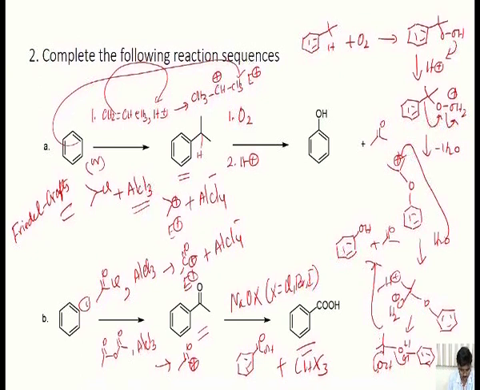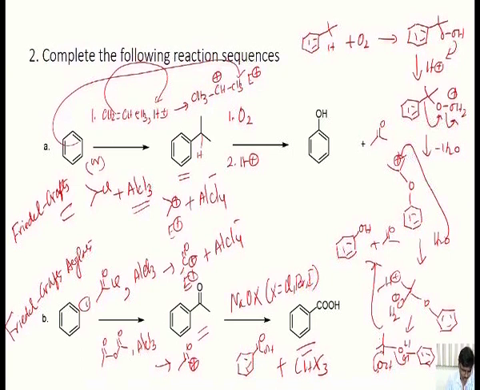The first example involves Friedel-Crafts alkylation. If you have an alkyl halide, in the presence of Lewis acid it can be reacted with the aromatic system to give the alkyl benzene, which can be further converted into useful compounds. The next example involves acylation. This is known as Friedel-Crafts acylation.